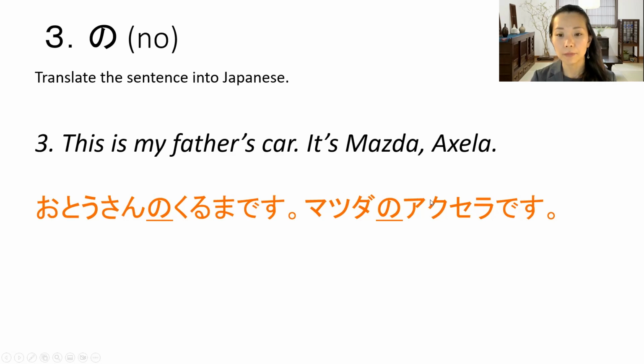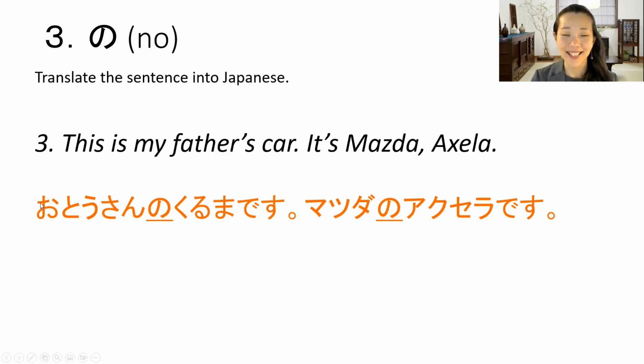Remember the restriction is A の B. In this case, Mazda is A, the company name, the manufacturer. Mazda produces a lot of different cars, but one of the models is called Axela. That's why I used it here. By the way, I picked this car manufacturer because I drove the car.